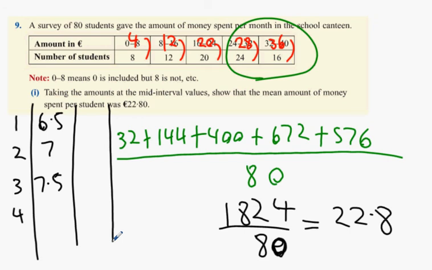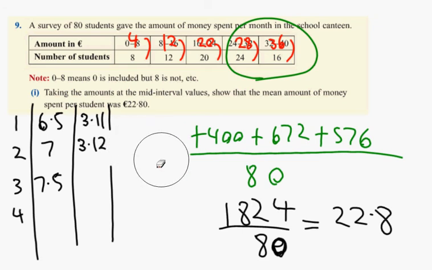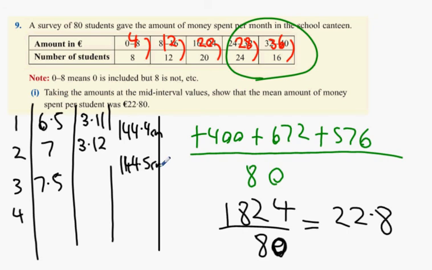Now, what about money as an example? €3.11, €3.12. Does anything exist in between €3.11 and €3.12? No. Therefore, money is considered discrete. Now, if you're asking me about height as an example, if I said, does anything exist in between 144.4 centimeters and 144.5 centimeters?